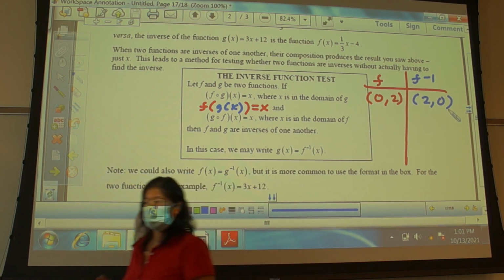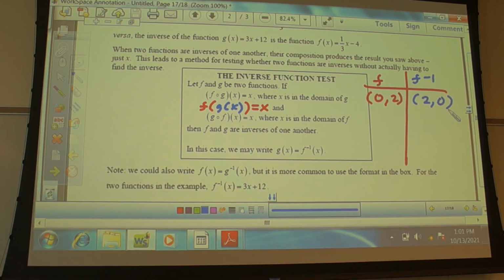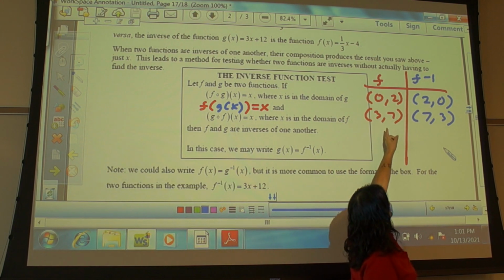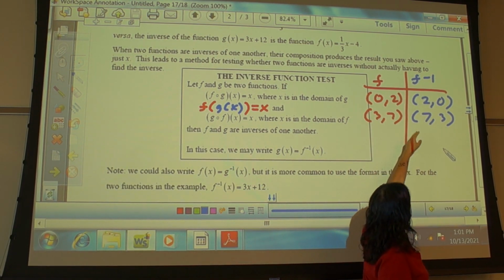So is that making more sense to folks? So no matter what I put in here, someone give me a point. I need a point. (3, 7). What's my inverse going to be? (7, 3). So if I input 3, it'll take me to 7. If I put that into f inverse, it'll take me back to 3.